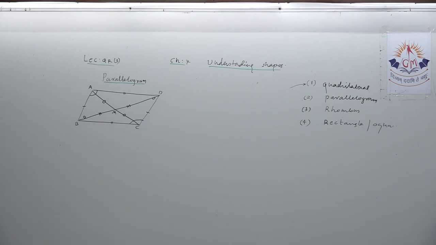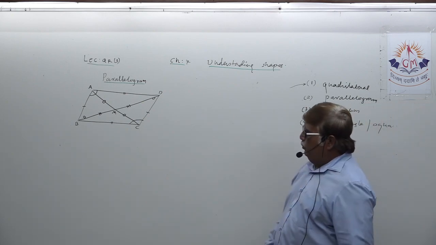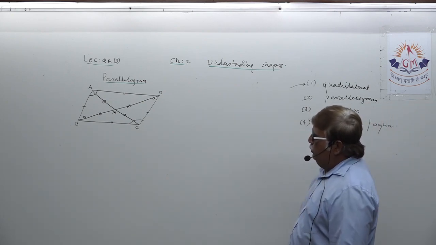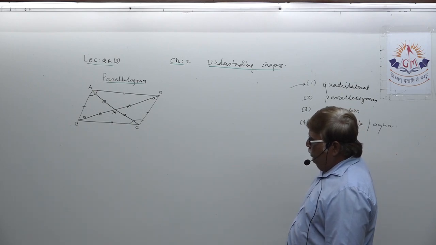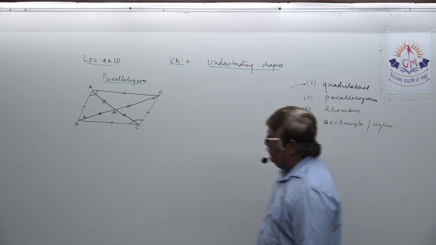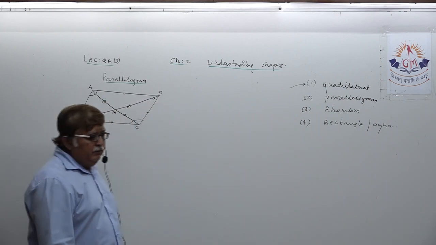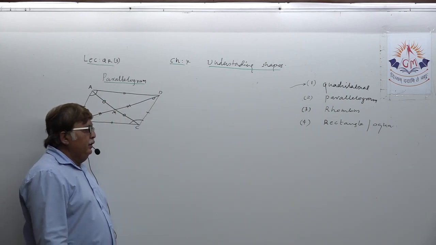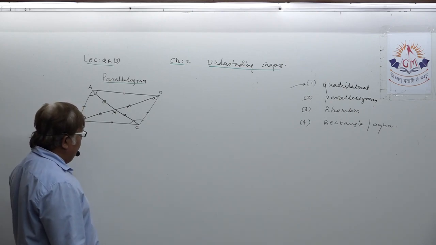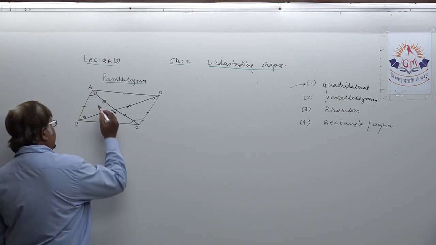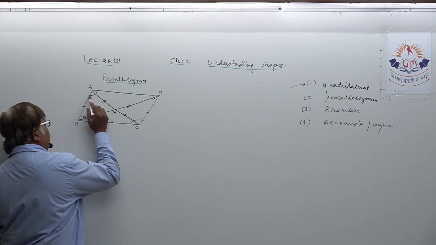Which are those properties? First, opposite sides are parallel and equal, no doubt. Opposite angles are equal. Diagonals bisect each other, that is the third property. Now very important: adjacent angles are supplementary.